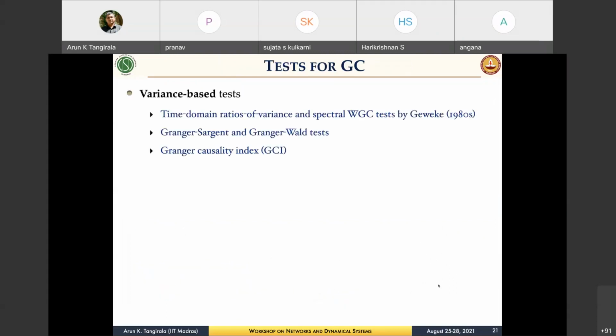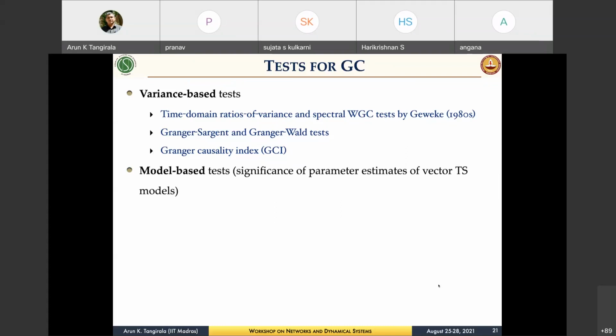Now comes the test for Granger causality. That is very important. There are many tests that have come up since the introduction of this definition of Granger causality. There are variance-based tests. Remember, we just said all we do is compare the variances of the prediction errors. And I'm not going to go over each of these tests. This is for your information. Then there are model-based tests, which are very, very popular.